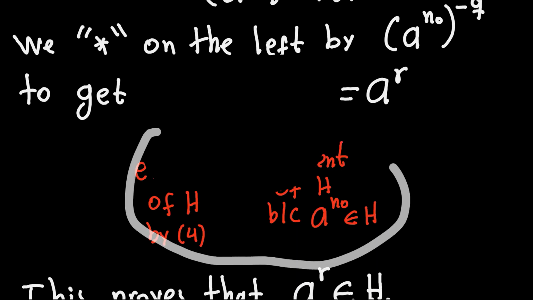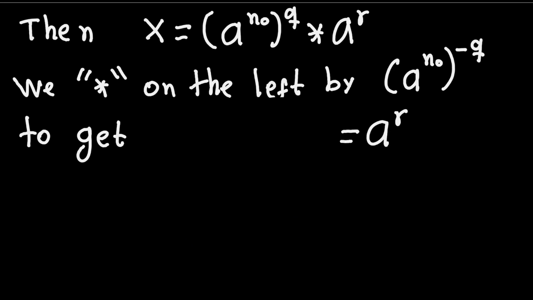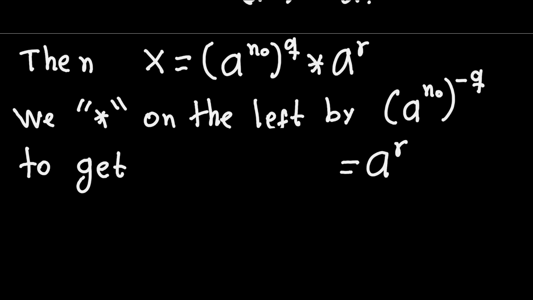So when we start on the left, we will get A to the n naught to the minus Q star X. So this is here on this side. And if you do a star here on the left, this element and this one are the inverse of each other, so they cancel out when you start here on the left. So you're going to get this expression here.